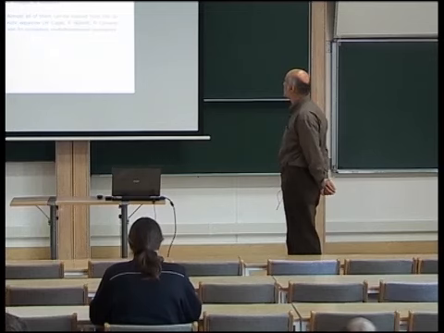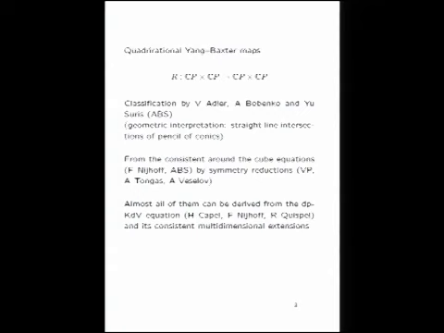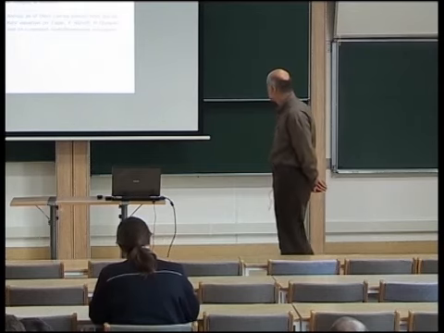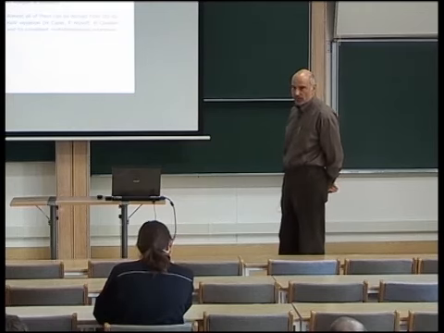And it's important to note that almost all of the 5 mappings in the classification of Adler, Bobenko and Suris, you can derive them from the discrete potential KdV equation that was derived from direct linearization by Capel, Nijhoff, and Quispel, by considering not only the KdV equation itself on the Z2 lattice, but higher consistent analogs, multidimensional consistent extensions in Z3 and Z4.